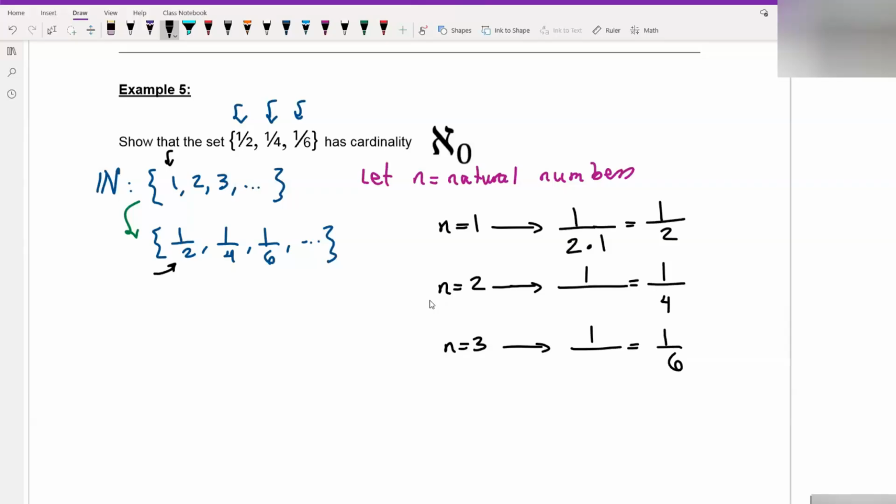So 2 times 1 is 2. The next one is 2 times 2 is 4. Next one is 2 times 3 is 6. So I used 2 and multiplied by natural numbers, 1, 2, 3, in the denominator.